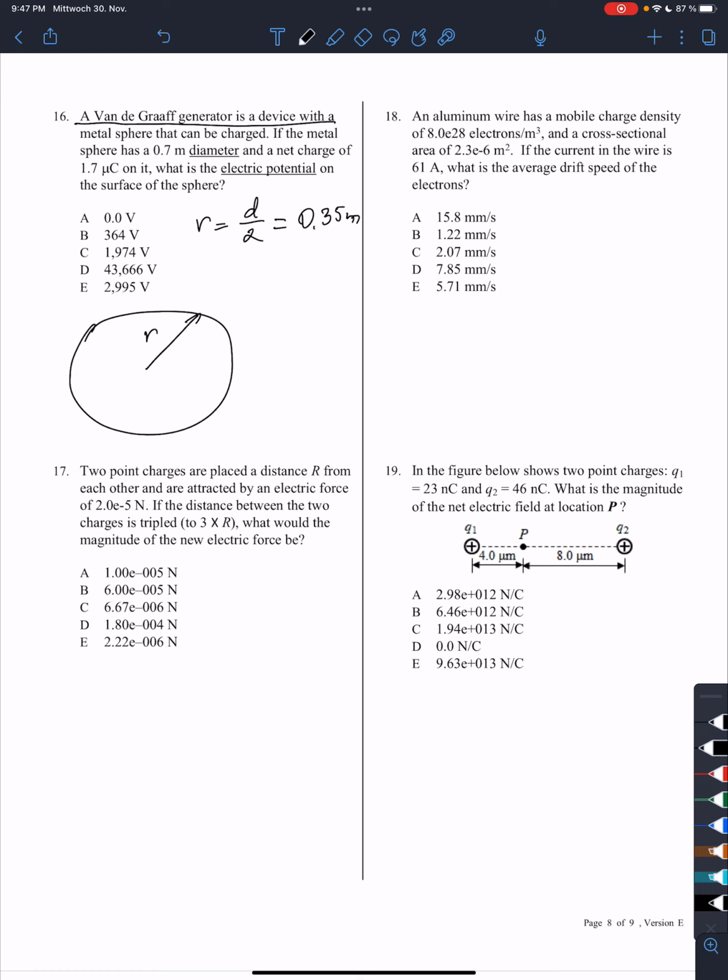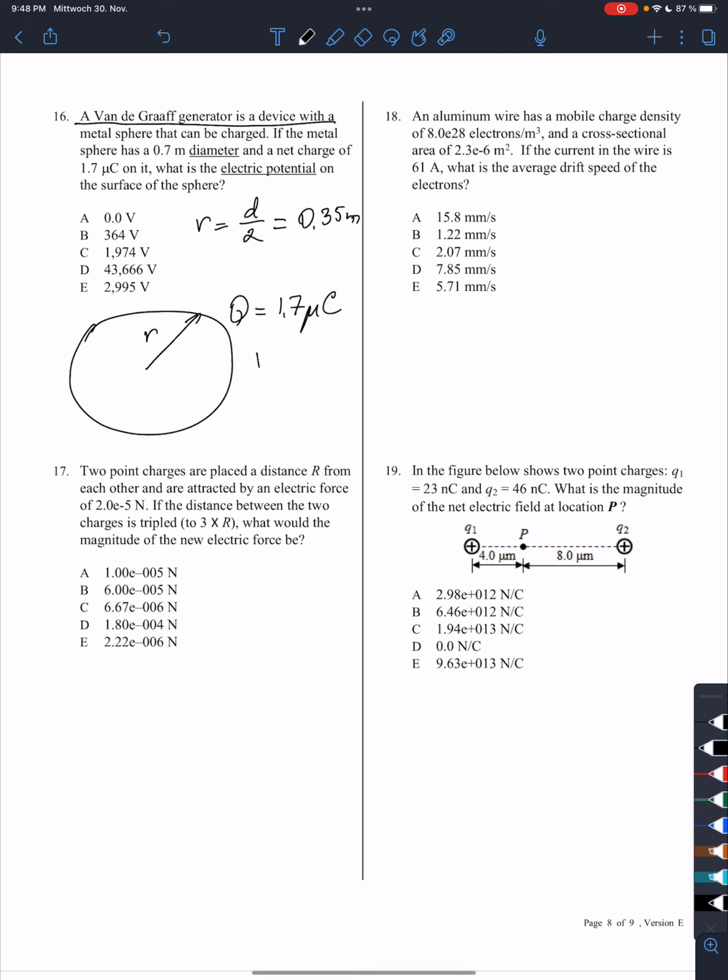Then the net charge on this sphere is 1.7 microcoulomb. Very good. So what we need to find is the electric potential on the surface of the sphere.